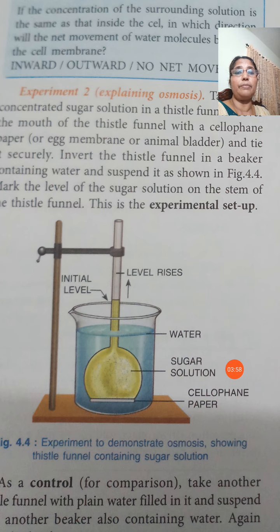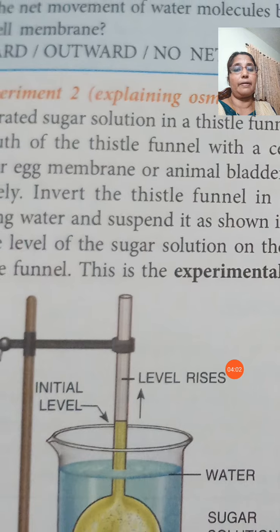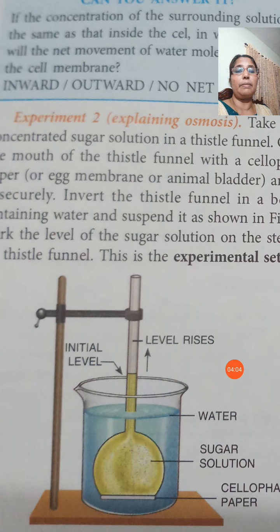Instead of cellophane paper, we can take egg membrane or animal bladder. Egg membrane is the small membrane we see after boiling the egg and removing the shell. That membrane can be taken without rupturing if we put the egg in dilute hydrochloric acid for a day.